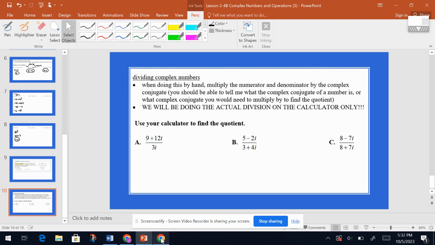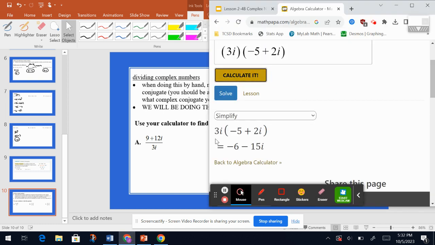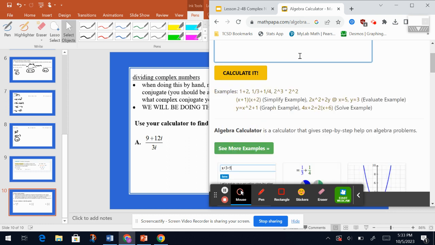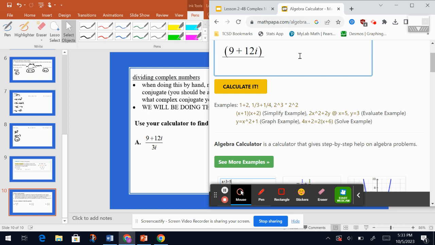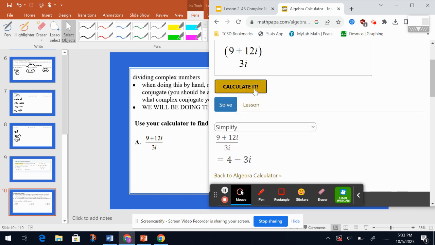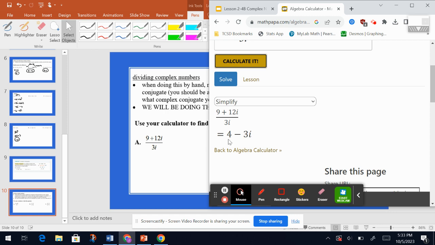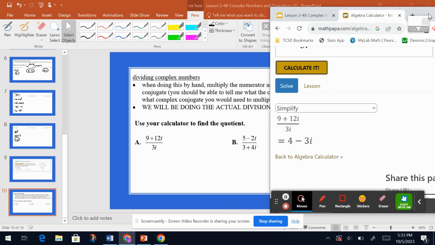We're going to get the calculator out and enter these. So for part A, it would be 9 plus 12i, and I would divide that by 3i. I click calculate. Boom, it gives me the answer: 4 minus 3i is what I would put in as my final answer.